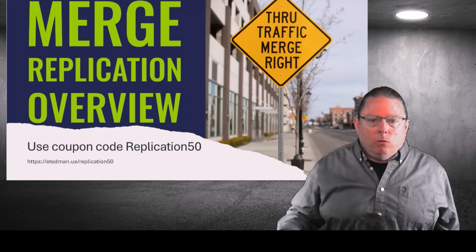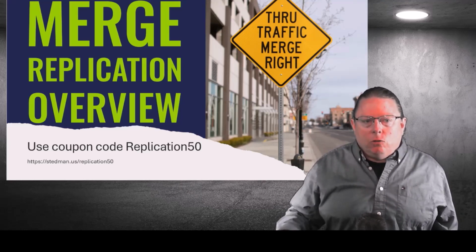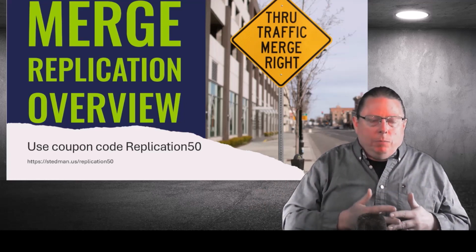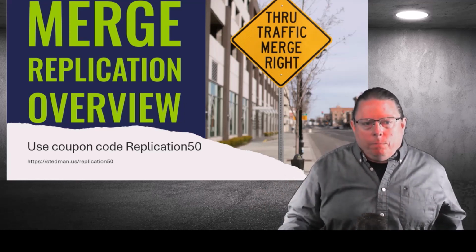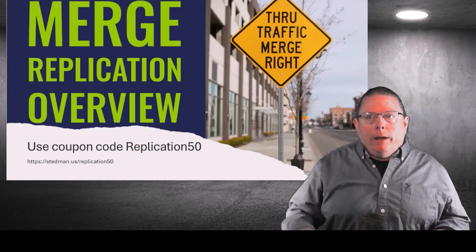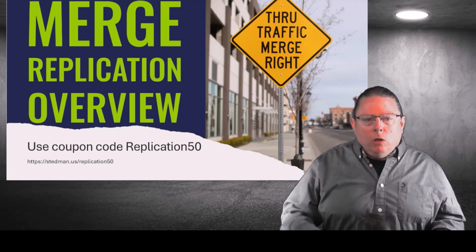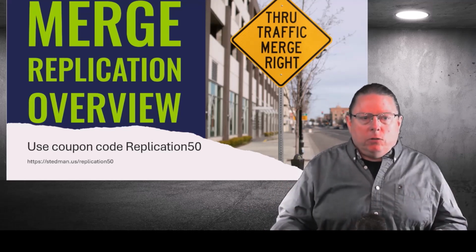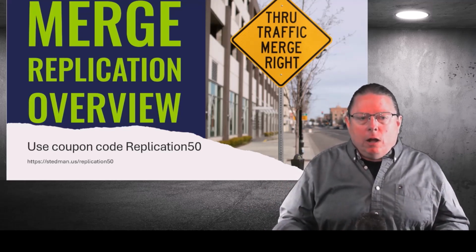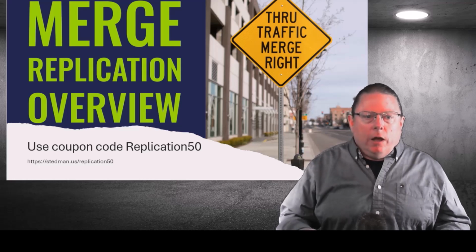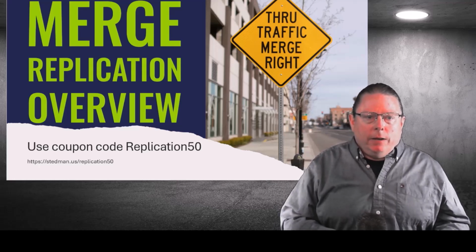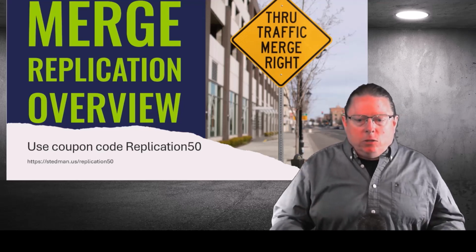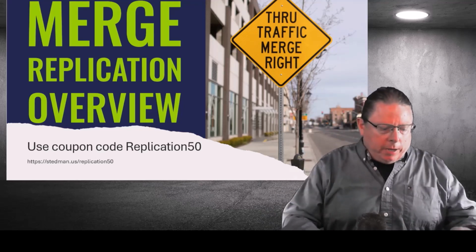I said that backwards. That's how SQL Server knows what's going to be sent from all of the subscribers back to the publisher, or from the publisher out to the subscriber: it has a bunch of triggers on all of the tables that are being replicated, so it can know when things are changing and what needs to be distributed, updated, or sent back and forth.